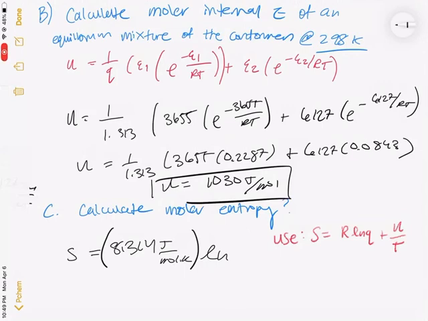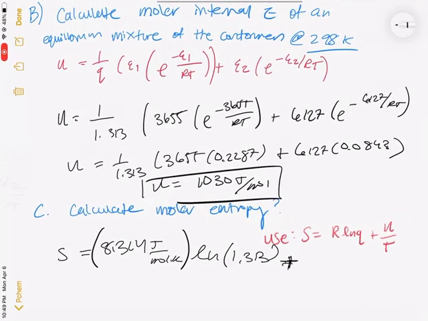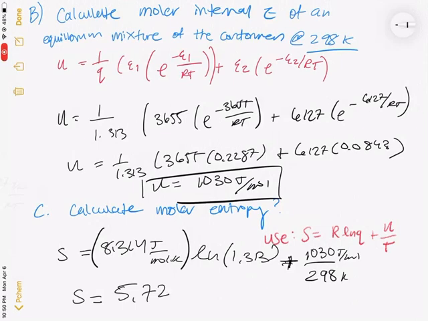Times the natural log of the partition function, which is 1.313, plus the other half of the equation, which is the internal energy, 1030, it's all in joules per mole, you can't have kilojoules here, over the temperature, which is 298 K, the same as the previous problem. And then you should get the molar entropy to equal 5.72 joules per mole Kelvin.